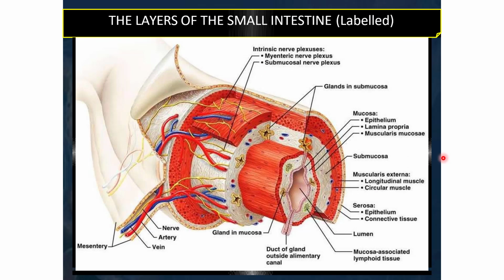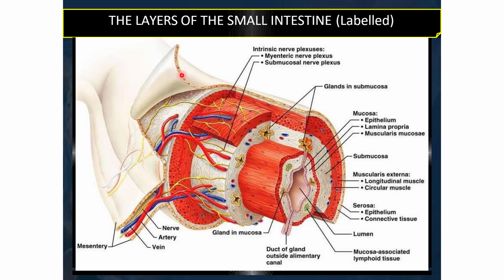So when we look at the wall of the small intestine itself, we can again have a look like every other wall or luminal structure. The wall has the smooth muscles over here. You can see this is the covering epithelium of the peritoneum of the small intestine. You must be knowing that the peritoneal cavity has two layers, the visceral and the parietal layer.